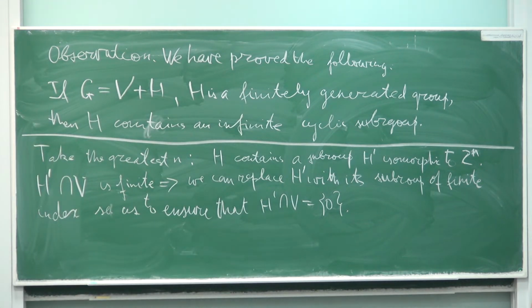Just that Z^n is some lattice, so we take its subgroup, which intersects this V only by 0 because originally there are only finitely many elements here.